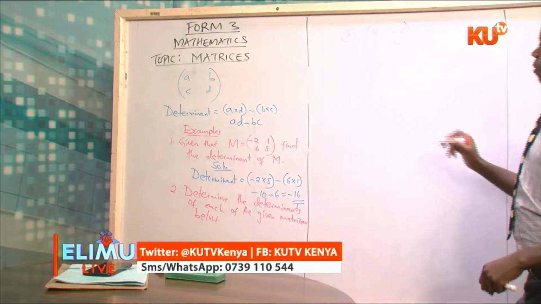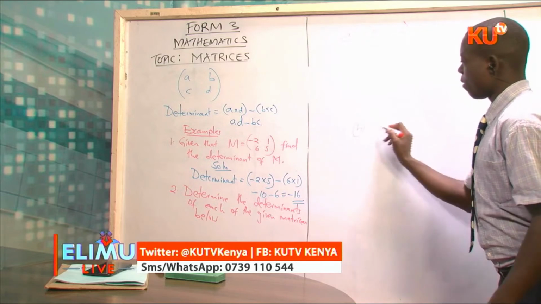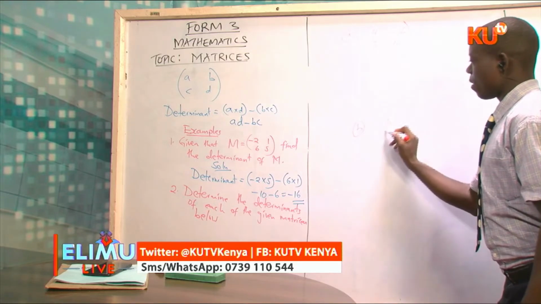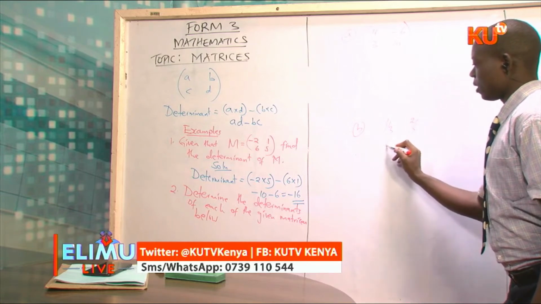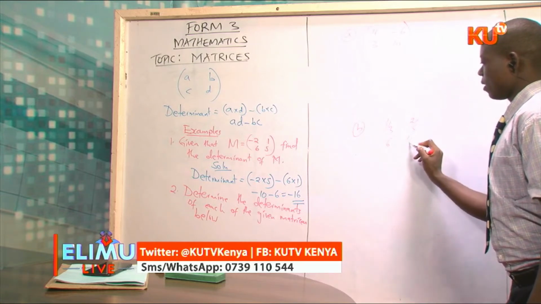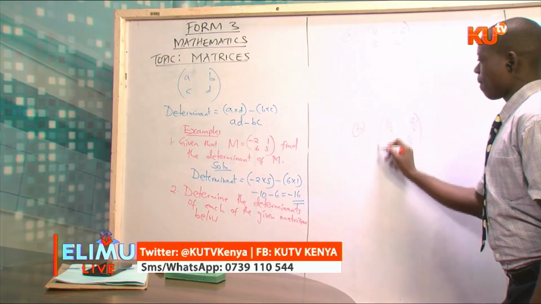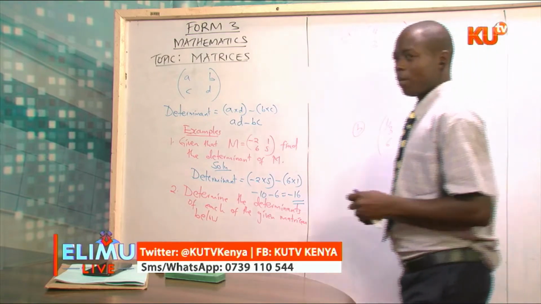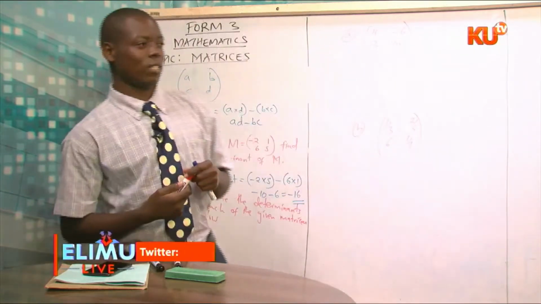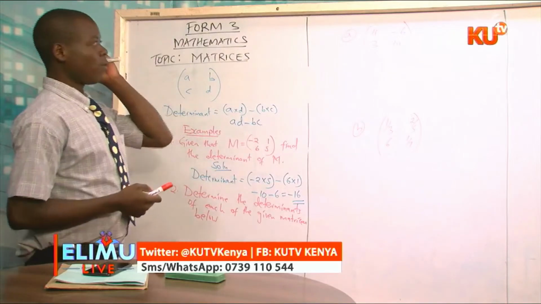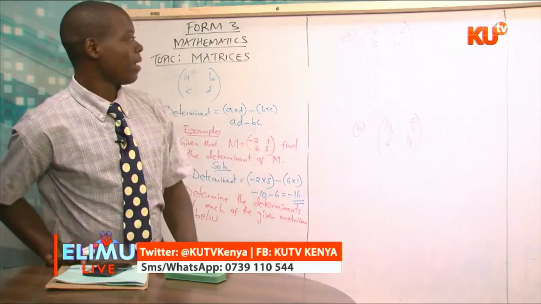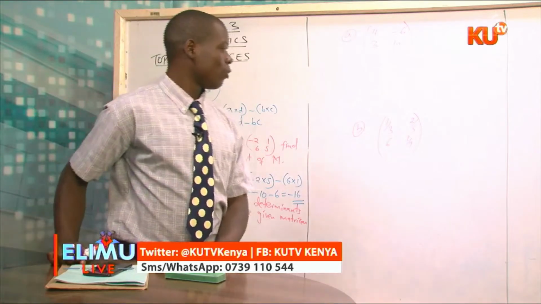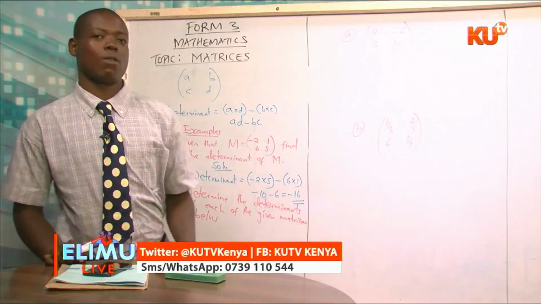And then the second one, where we have 1/3, 2/5, 6, 1/7. Those are the matrices that we have.